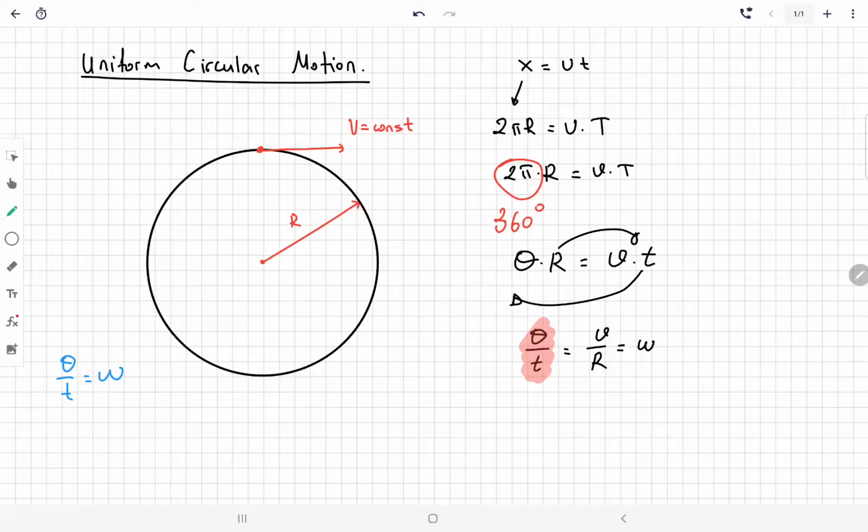But when we solve problems or when we write on paper, we use a different unit for angle. As you know, any physical quantity may have different units like kilometer, meter, millimeter, nanometer, etc. Same for the angle. Angle has different units.